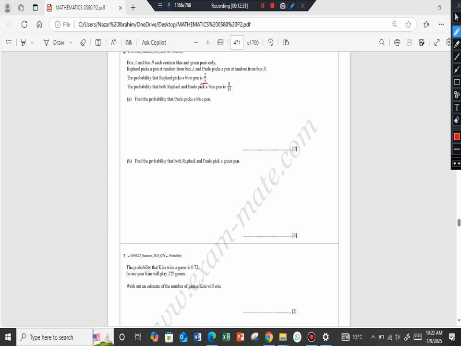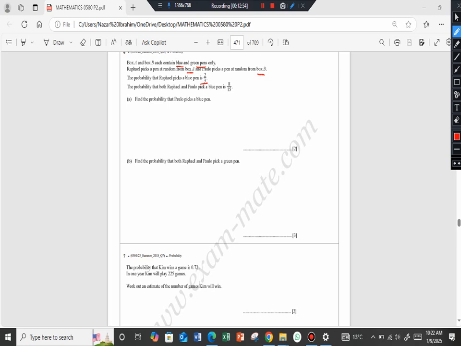Find the probability that Paulo picks a blue pen.